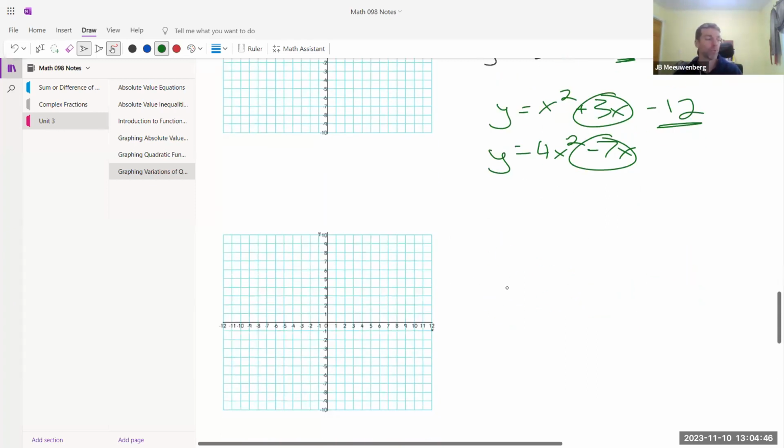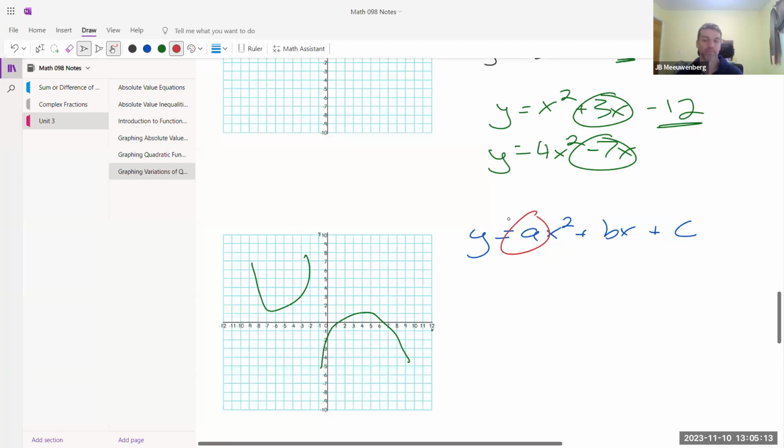One other thing to note about these quadratic equations, y equals ax squared plus bx plus c, is that sometimes they open up and sometimes they open down. You know what the difference is and how you can tell by looking at the equation. It all has to do with either A, B, or C. Do you know which one?